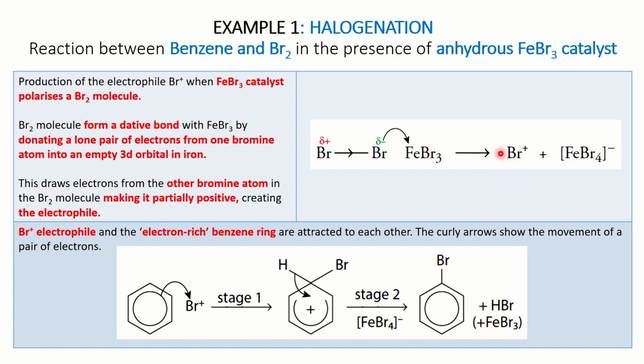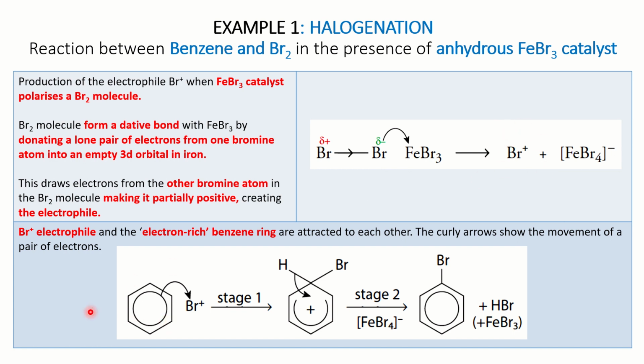So this is the one that we need. Also remember how Br2 can form a dative bond: iron, Fe, is a transition element, so it has vacant 3d orbitals. This is only to show you how you form the electrophile. We need this electrophile for the mechanism.